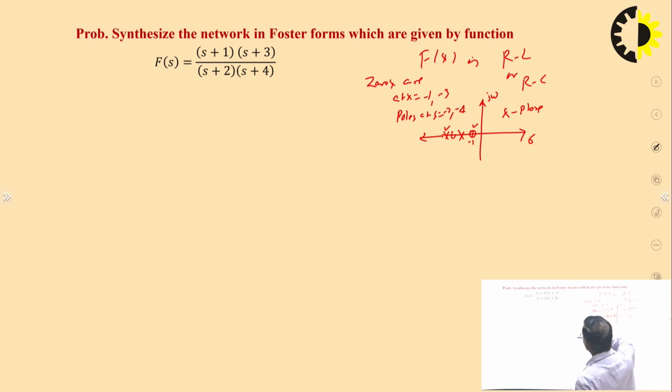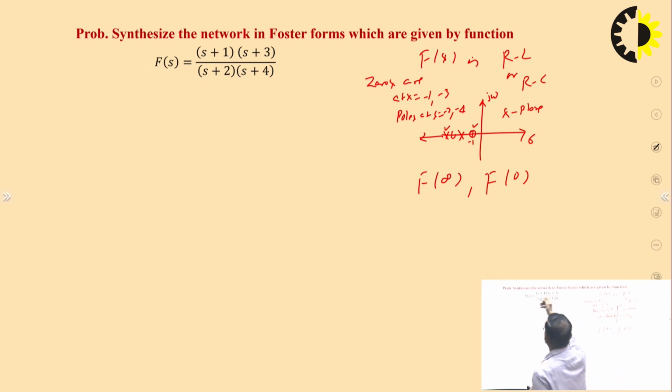Now if you carry out the partial fraction expansion, the poles and the residues are real and negative. And find once more F(infinity) and F(0). So put s equal to 0, F(0) is equal to 3 by 8.